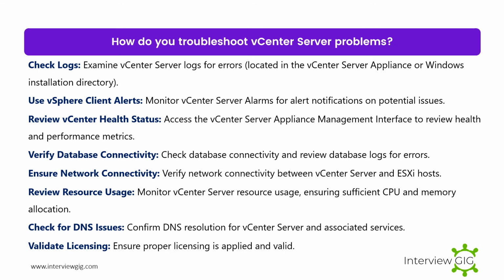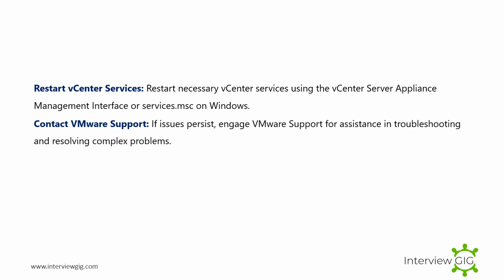Ensure proper licensing is applied and valid. Restart vCenter services. Restart necessary vCenter services using the vCenter Server Appliance Management Interface or services.msc on Windows. Contact VMware support. If issues persist, engage VMware support for assistance in troubleshooting and resolving complex problems.